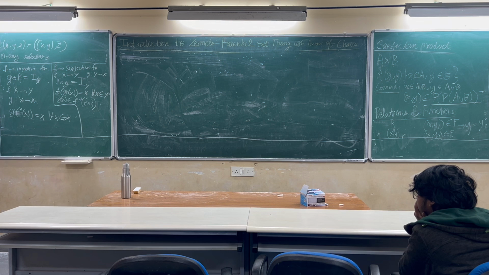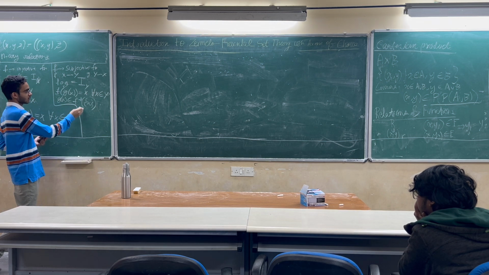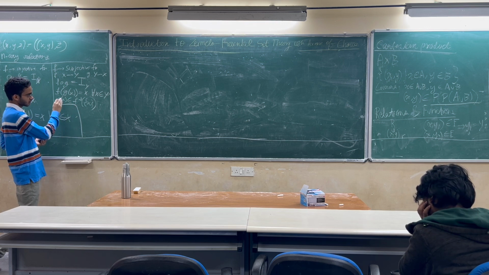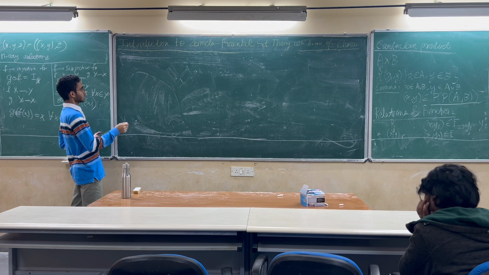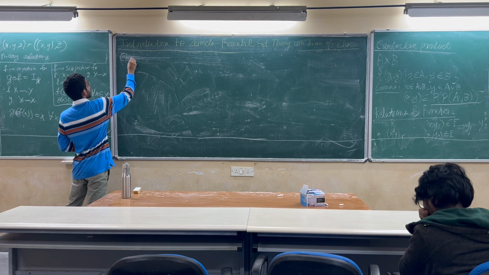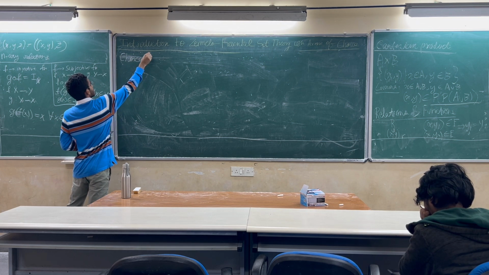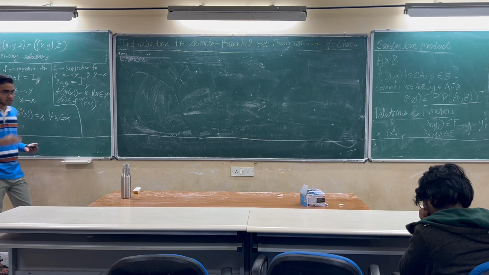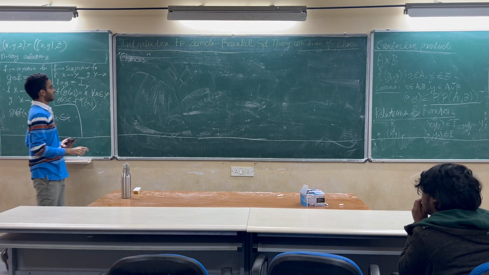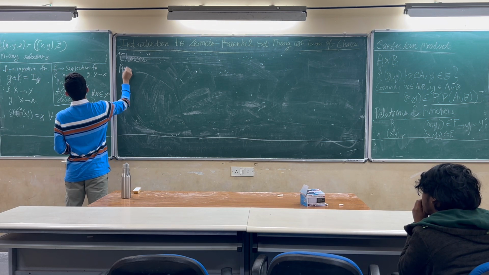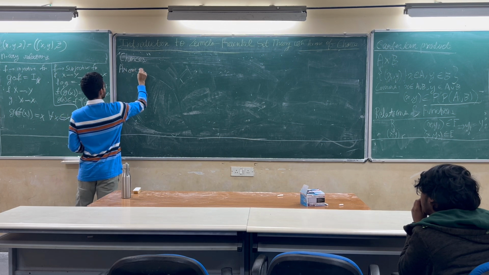We cannot prove that there exists some g such that for every y, g of y is something in the inverse image of singleton y. So basically we have to make choices over here, and we need to make infinitely many choices. We can't write it down using logical symbols because logical language is always finitely long. So that's why we need a new axiom here, which is called the axiom of choice.